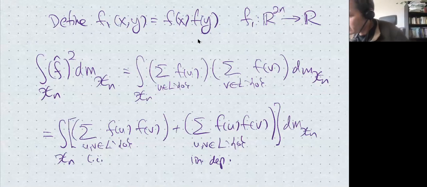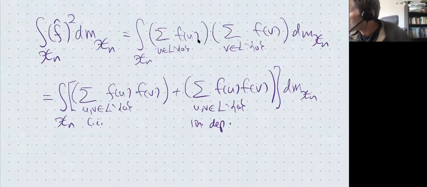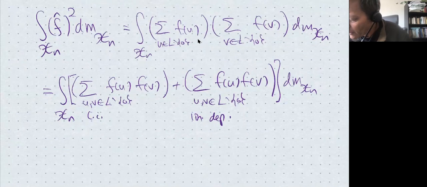In the first piece, the functions are linearly independent, and then I can use the formula that I had before, the Siegel summation formula number 2.